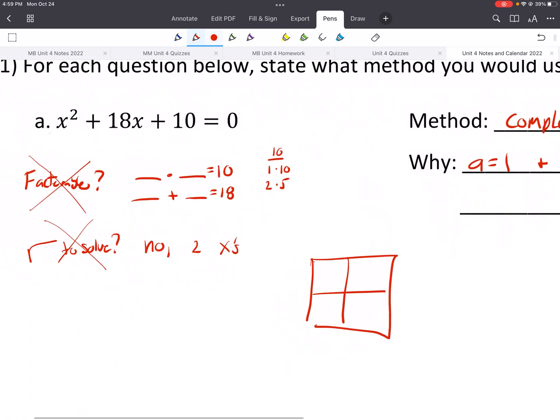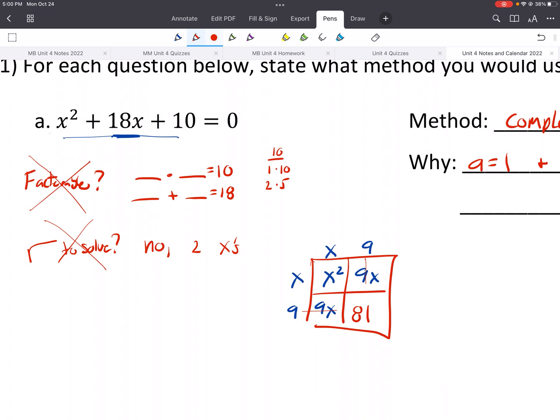To complete the square, we're literally trying to make this be a square. This is like the area, so all of that stuff needs to go inside this box. x squared is just x times x, so that's a perfect square. We need half of the middle term on both sides to make it a perfect square. So this would be x plus 9 and x plus 9. Then to complete the square, we multiply these together to give us 81.